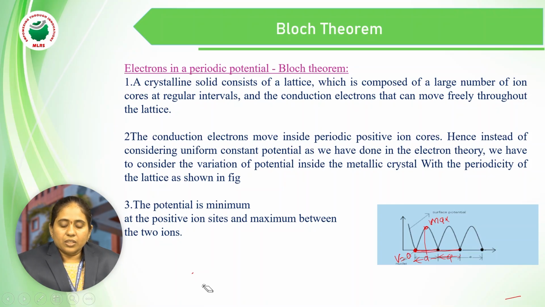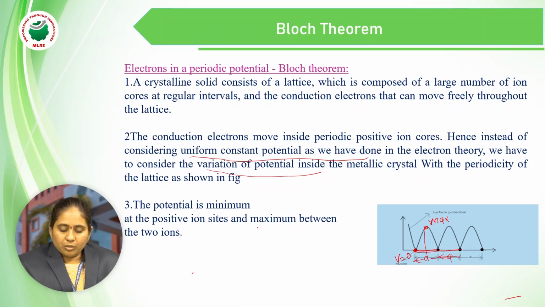Hence, instead of considering a uniform constant potential as we did in the electron theory, we have considered a variation of potential. In classical and quantum theory this is a constant potential, but in Bloch there is a variation of potential inside the metallic crystal with the periodicity of the lattice.